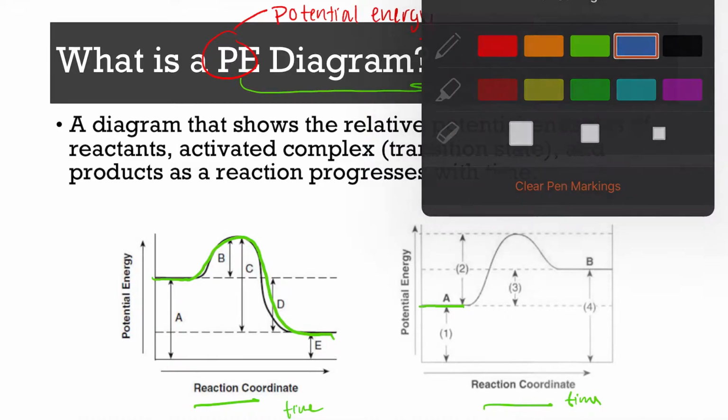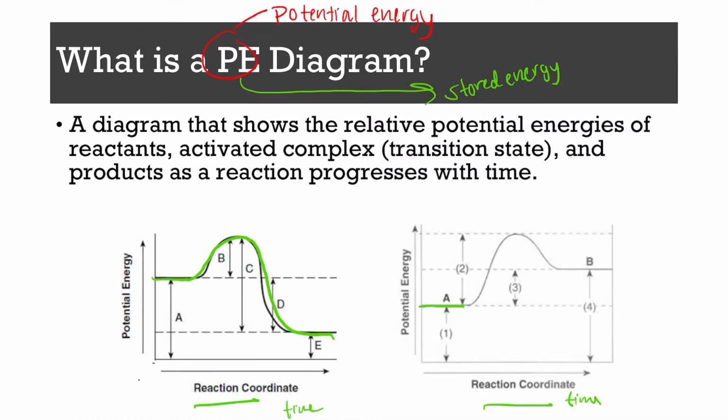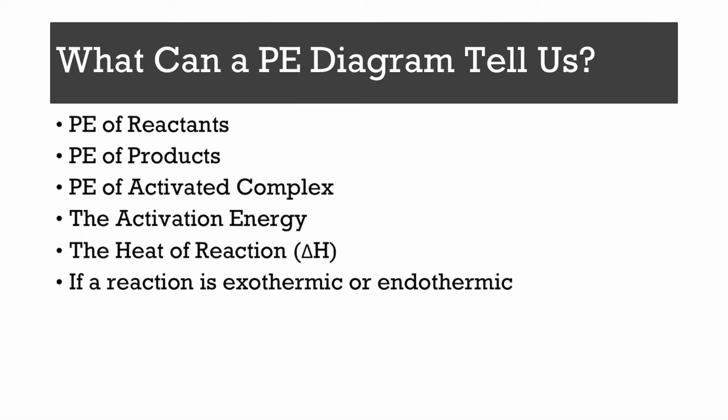Generally, when we're talking about reactions, we start over here with your reactants, and then you're producing your products. So time goes on, you start with your reactants and end with your products. As you convert your reactants to products, how does the potential energy, or the stored energy, change? These diagrams can help tell us.